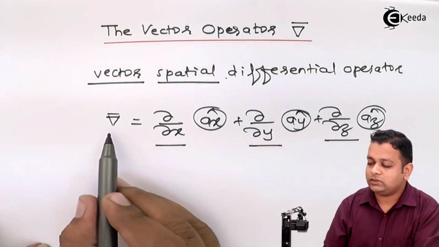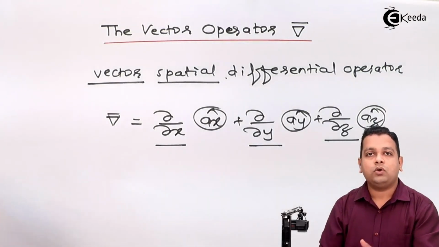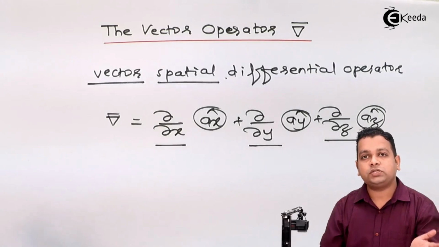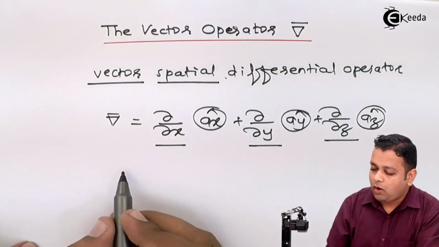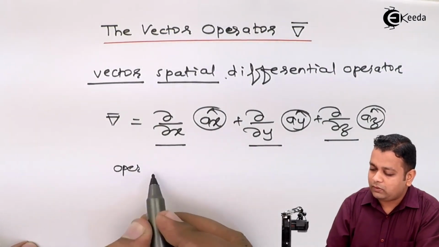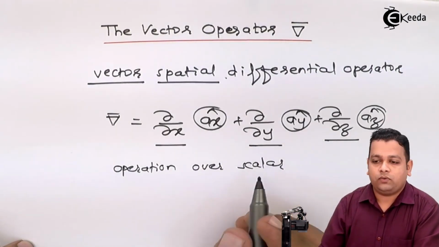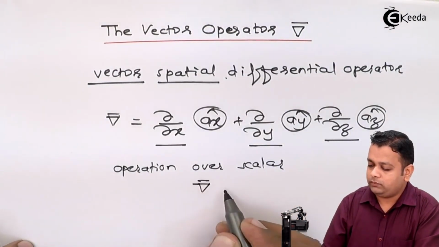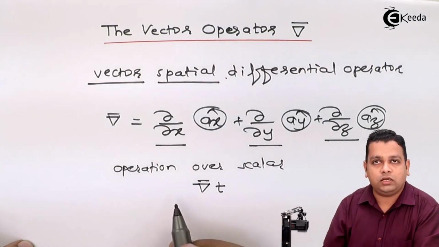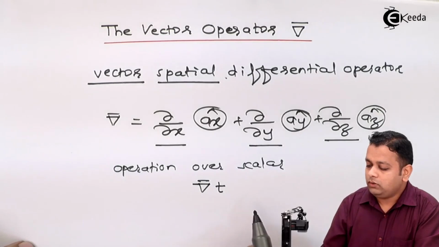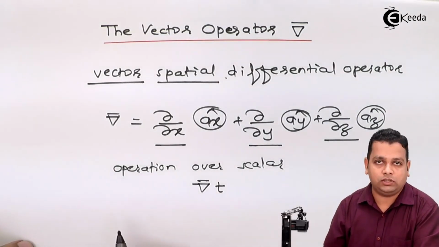Now, using this vector spatial differential operator, we can have two types of operations: operations over scalars and operations over vectors. Operations over scalars is basically called gradient, where the del operator is operated on any scalar value, let us say T. T can be any voltage, or simply temperature also.